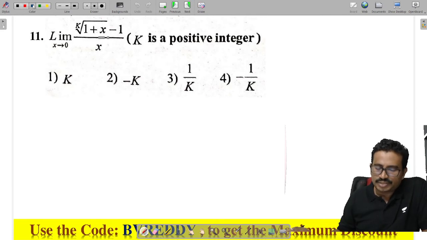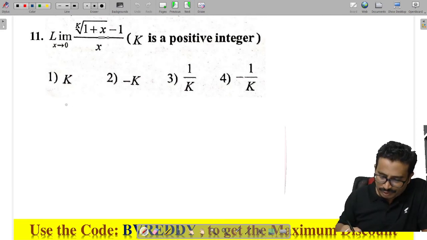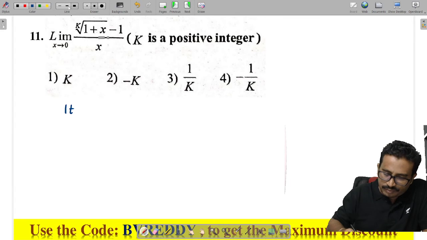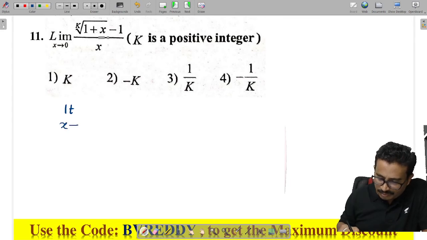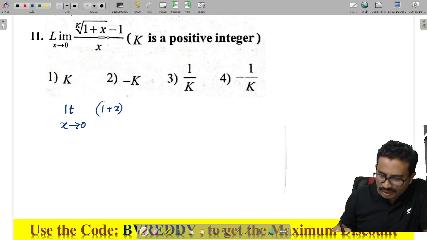Limit x tends to 0, (1 plus x) whole power 1 by k, minus 1, by x.